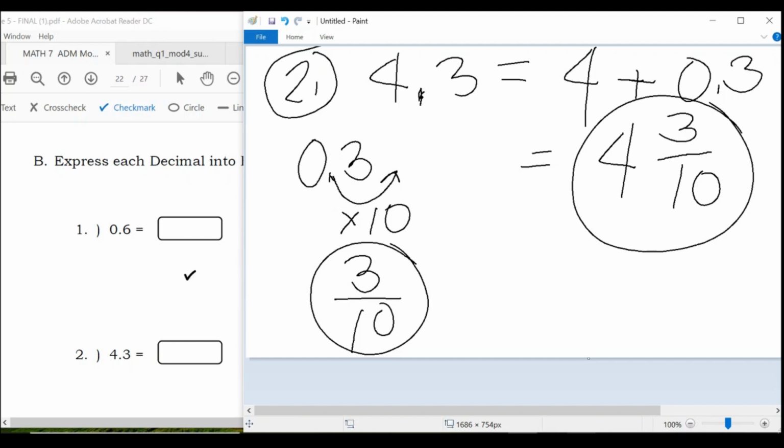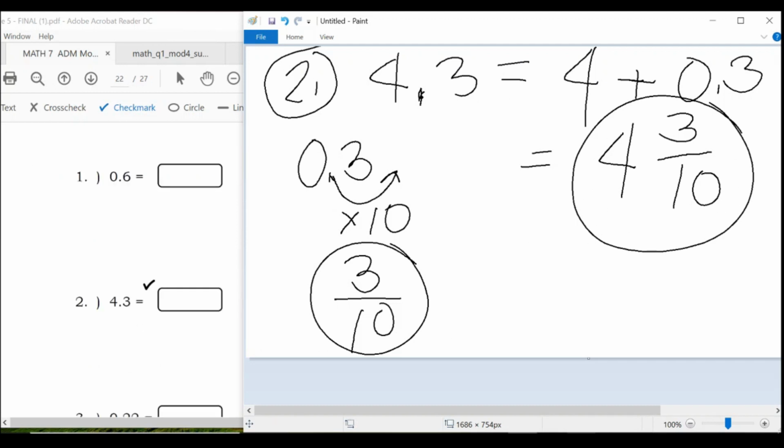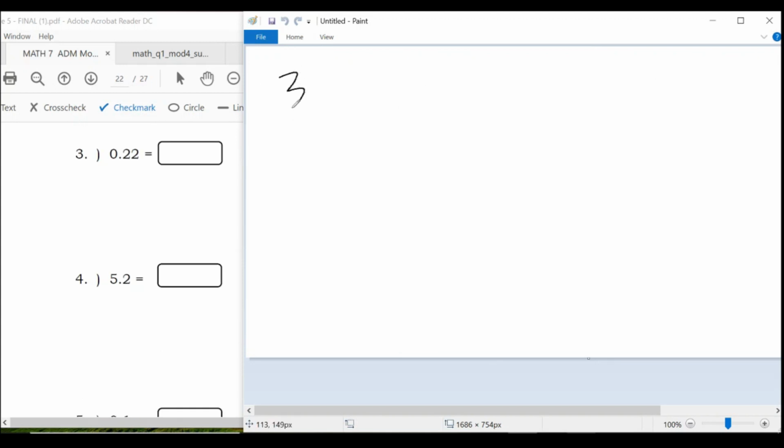So, nakuha, naintindihan na. So, itong sagot na ito makikita sa answer key ng ating module. Ito po yung proseso. So, number 3, we have 0.22. Again, pag 0 po ang whole number niya, so, automatic that's a proper fraction. So, pag more than 0 ang nakalagay dito, that is a clue na improper fraction, which will lead you to have a mixed fraction as your final answer. We will make decimal number to whole number.